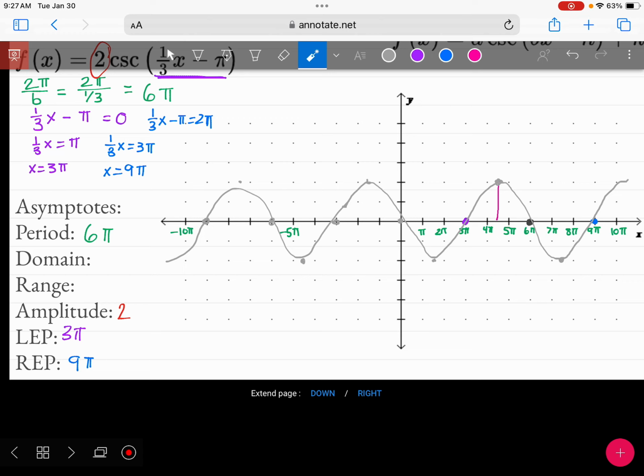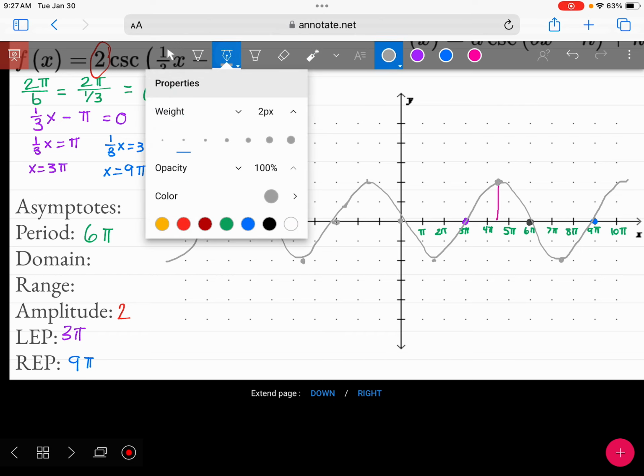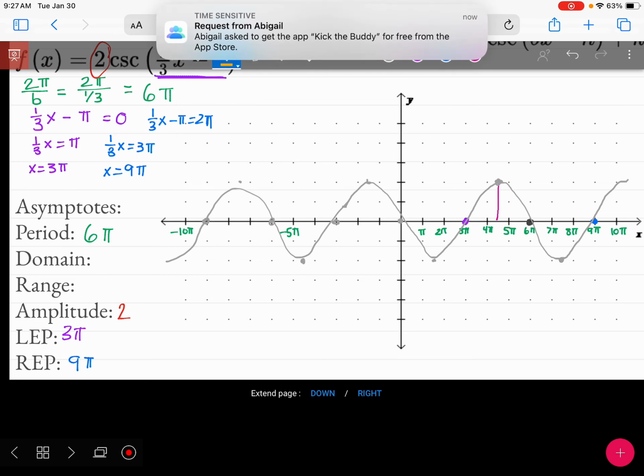From here, to get our cosecant, any place sine is 0 is where we have our asymptote. So those are the first things we're going to draw properly for cosecant. We're going to draw in our asymptotes.